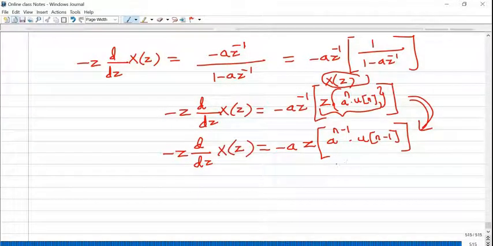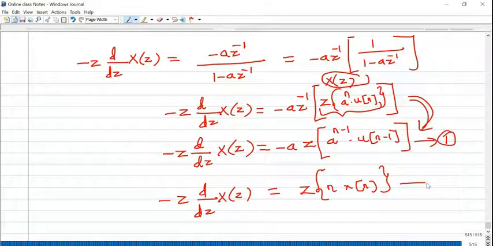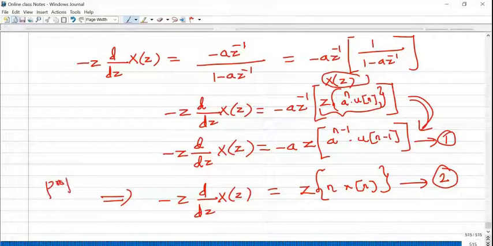So compare this equation with the standard property, that is, the Z transform of n into x of n. Let us consider this as equation number 1 and this as equation number 2. This is the property of Z transform. We have to find x of n now.